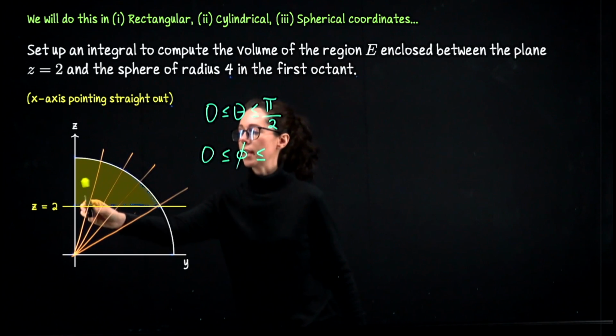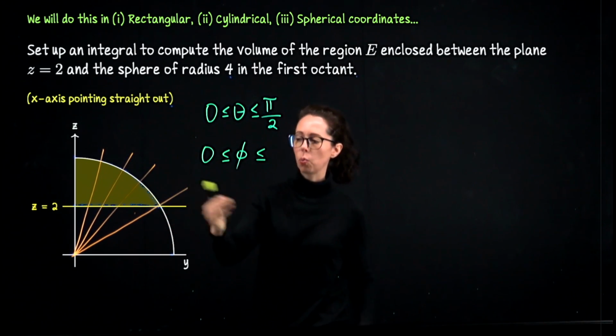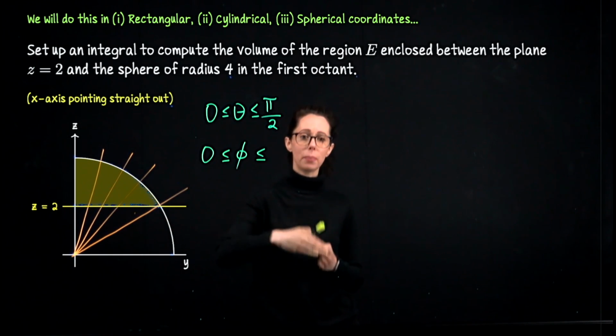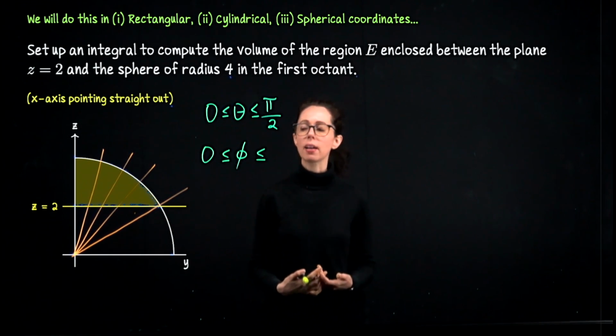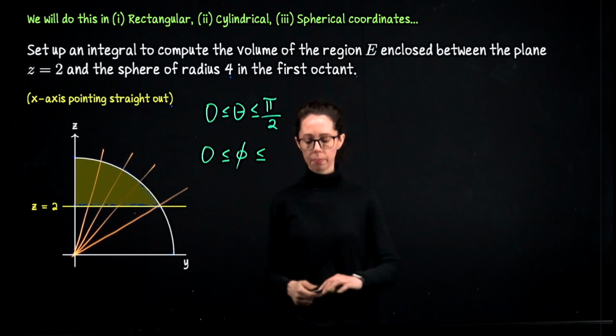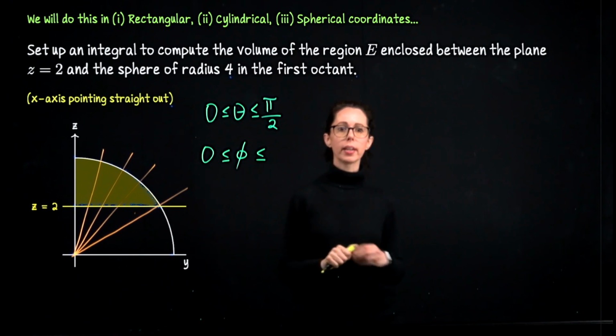To determine this angle, we observe that our rotation in phi is cut off when the sphere and the plane meet. So once again, it comes down to an intersection, the intersection of the sphere and the plane z equals 2. What we need to do is take those two equations and first write them with spherical coordinates.